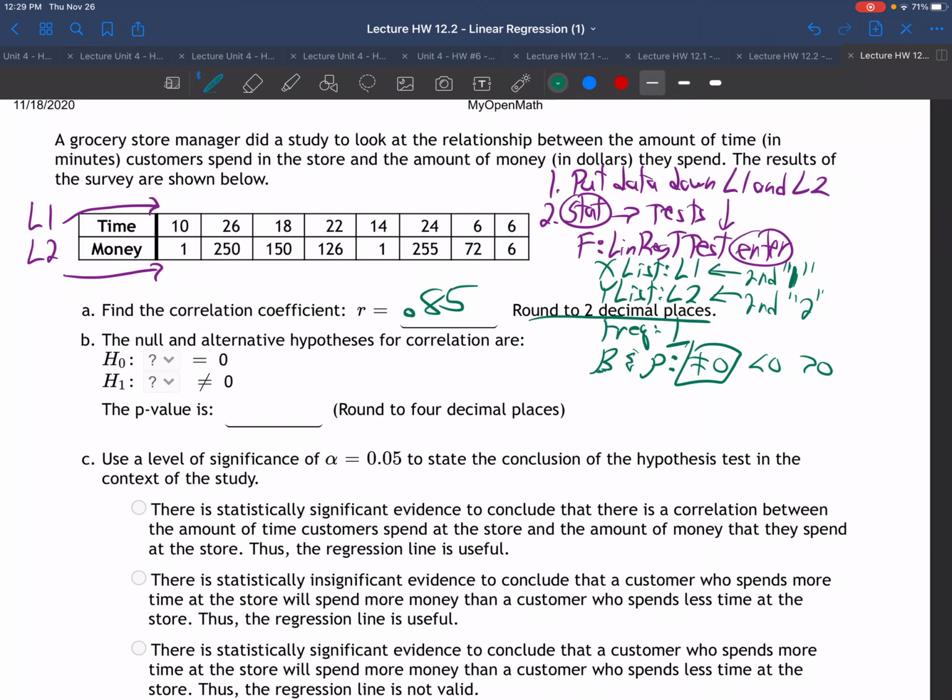And then, an H0 and H1. What are my H0 and H1 going to be? Well, it's going to be rho. So we're going to say the Greek. Now you might wonder, why isn't it just R?